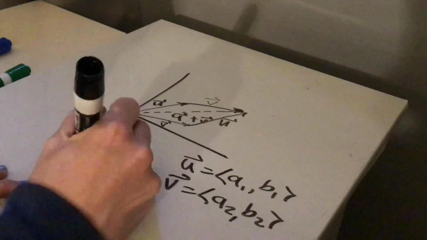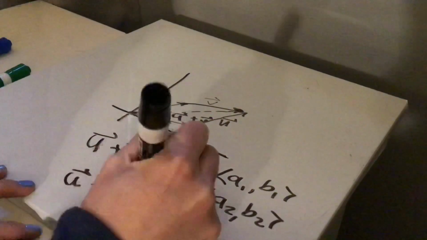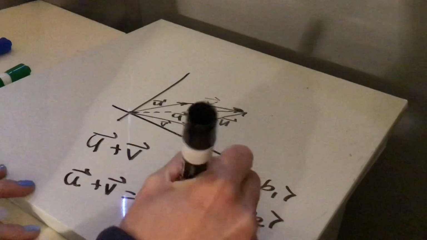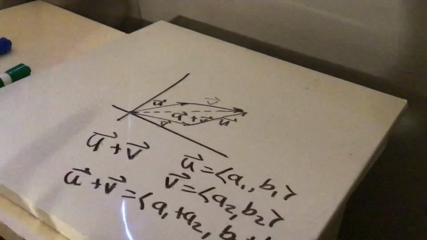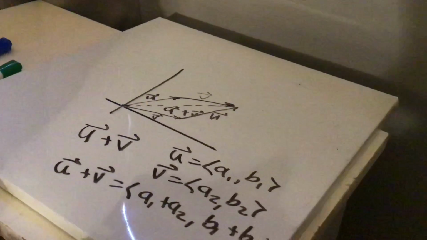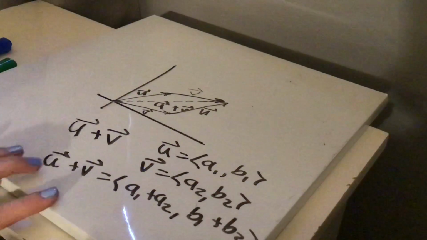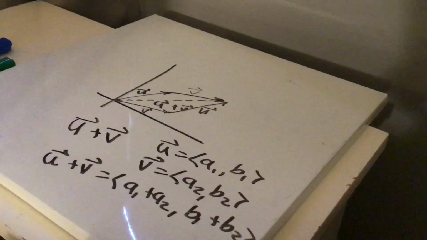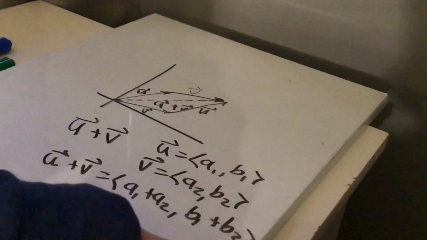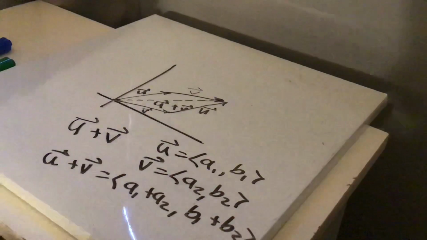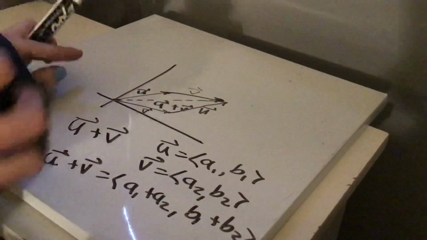So the sum of vector U plus vector V would be ⟨a1 + a2, b1 + b2⟩. Okay? Kind of like just adding two coordinates, right? Add your x values, add your y values, get your new vector. But remember, the arrows mean vectors, so that tells us how to get from one point to another.